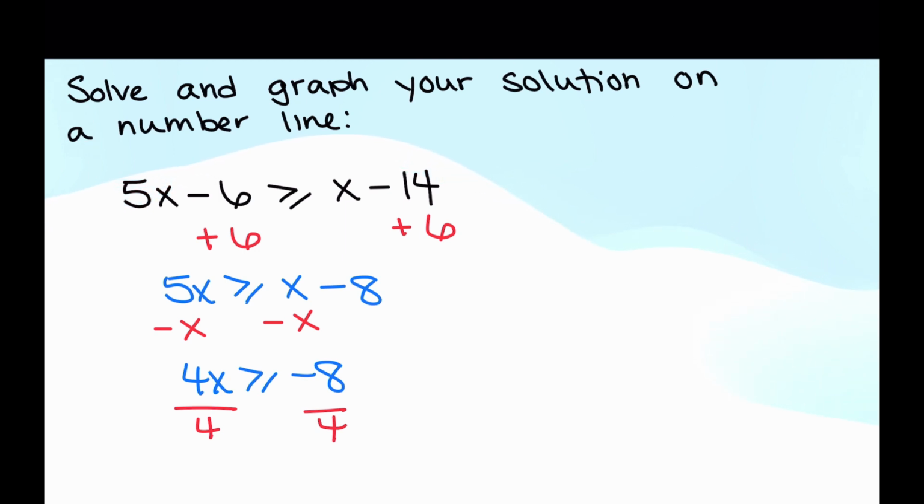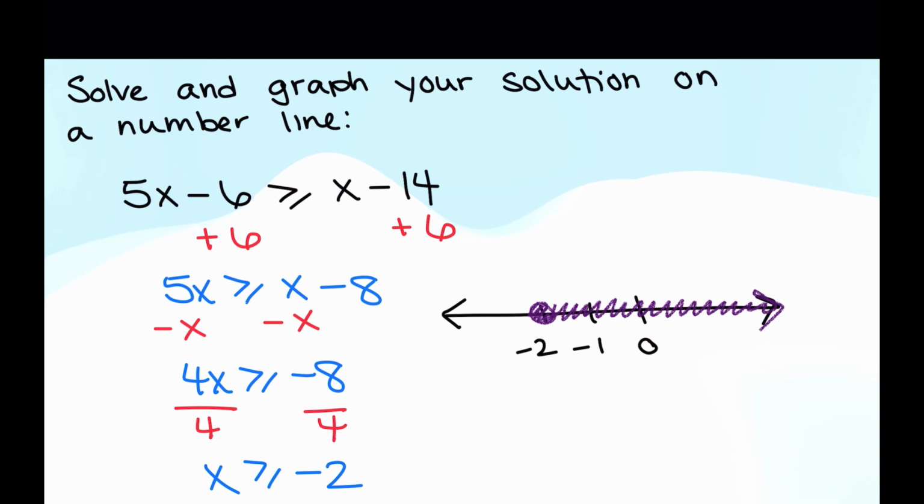Now notice this time I'm dividing by a positive number. If you divide by a positive number, positive 4 in this case, that does not change the direction of the inequality. And so my answer is x is bigger than or equal to negative 2. Again, it's only when you multiply or divide by a negative number that the direction of the inequality flips.